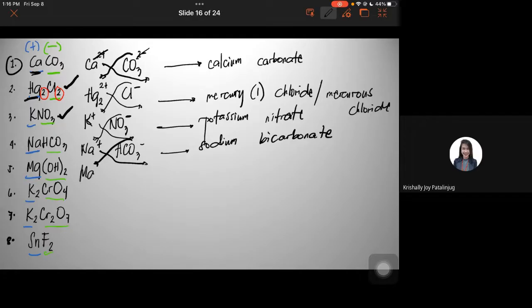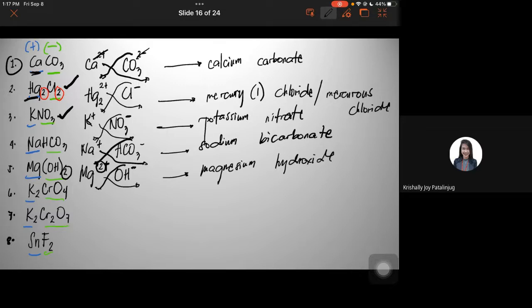Magnesium is Mg2+, so this subscript 2 here comes from the numerical value of the charge of magnesium. And then hydroxide is OH negative. So you will produce this compound, magnesium hydroxide.